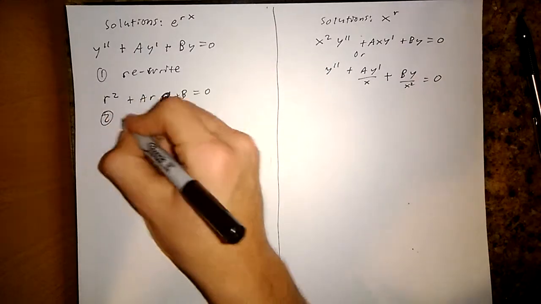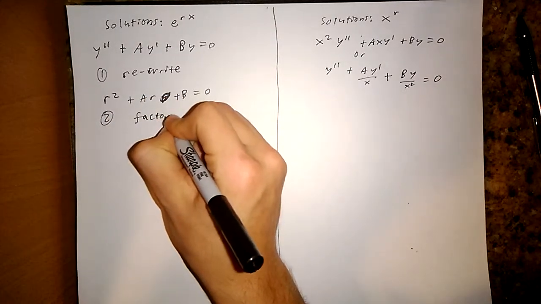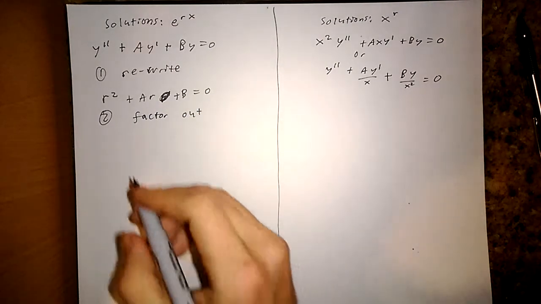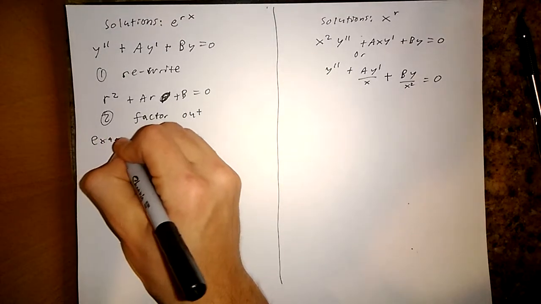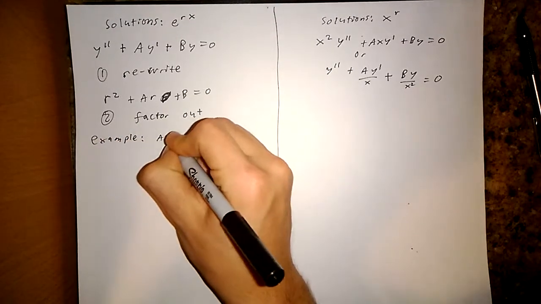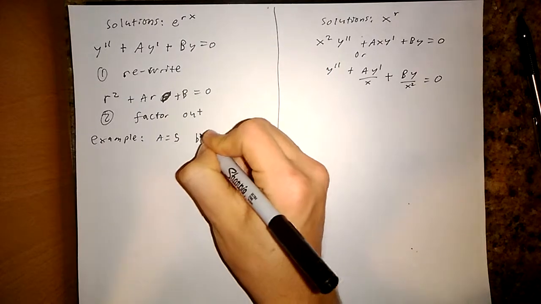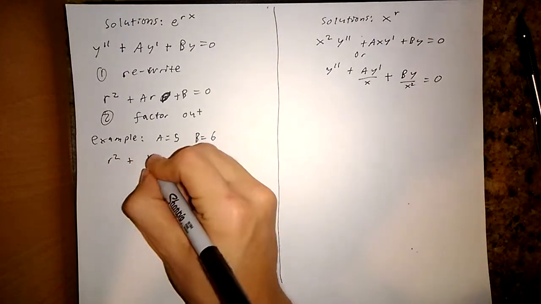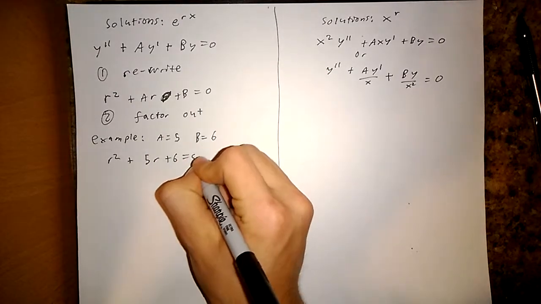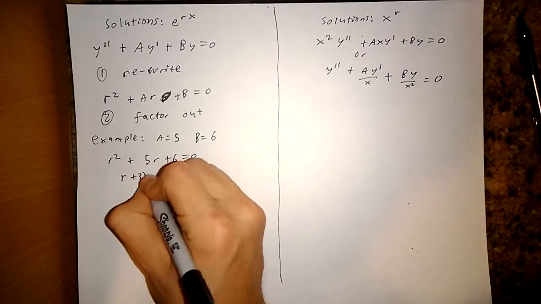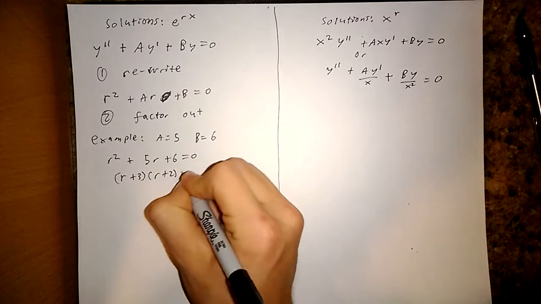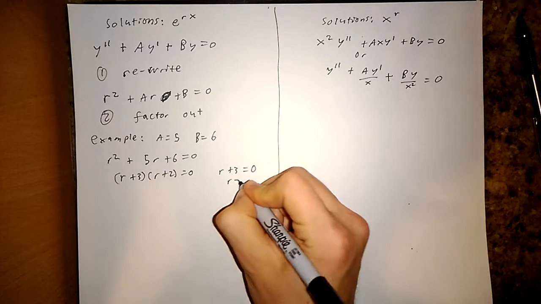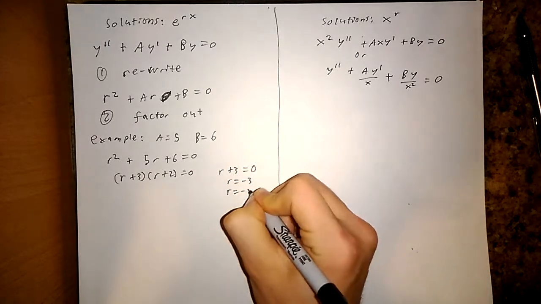I'm going to have a simple example where a equals 5 and b equals 6. So we're going to have r squared plus 5r plus 6 equals 0. We factor that out, we get r plus 3, r plus 2 equals 0. To solve, you just set each of those brackets equal to 0: r equals -3, r equals -2.